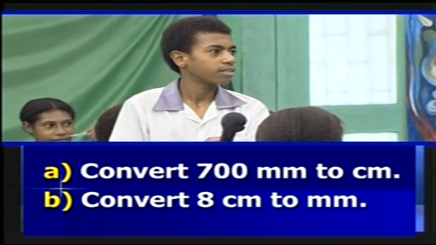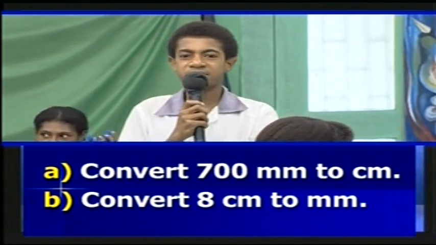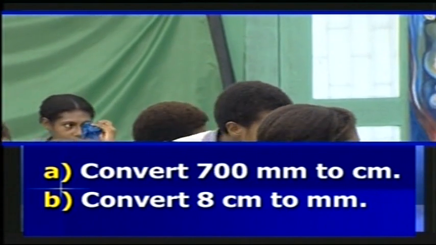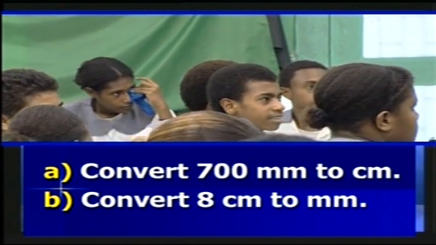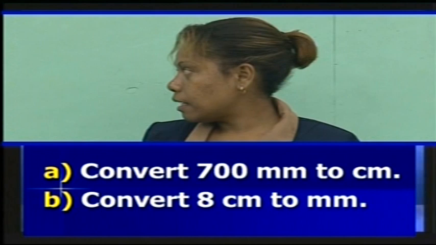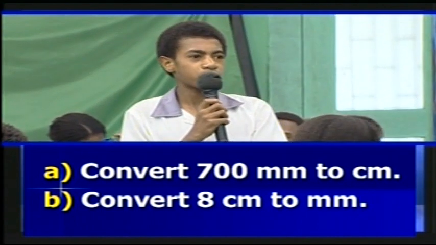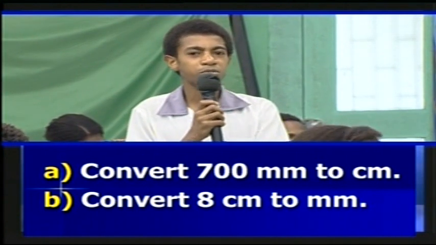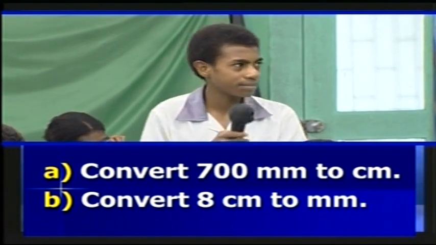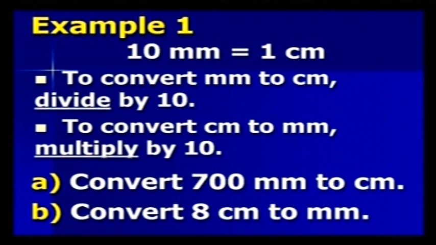How did you get 80 millimeters, Walter? 8 times 10. Why did you multiply 8 and 10? Because a big unit to small unit is multiply. Good, thank you, Walter. So he said when changing a bigger unit to a smaller unit, you multiply. Is it correct? Let's check our answers.